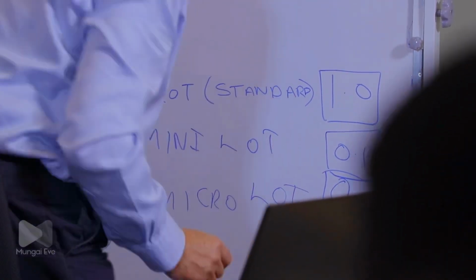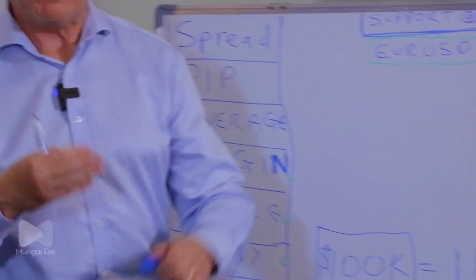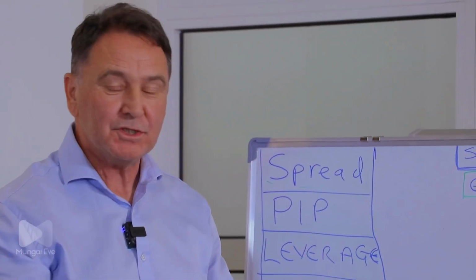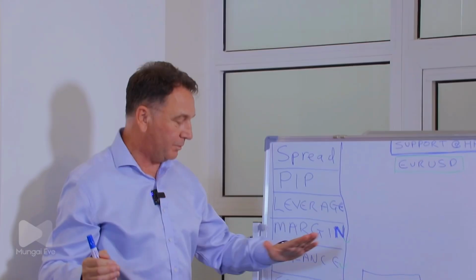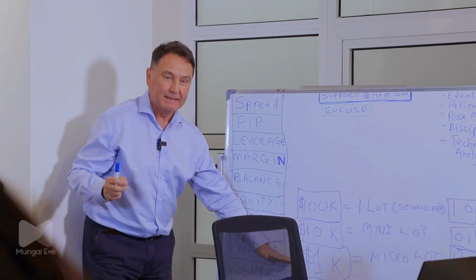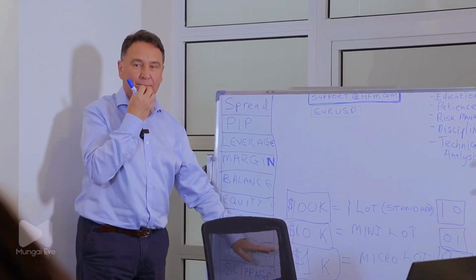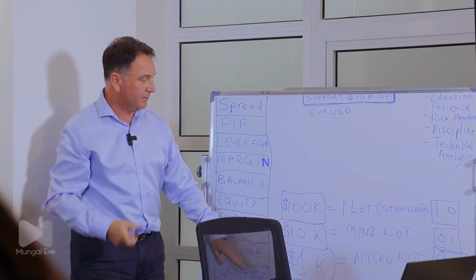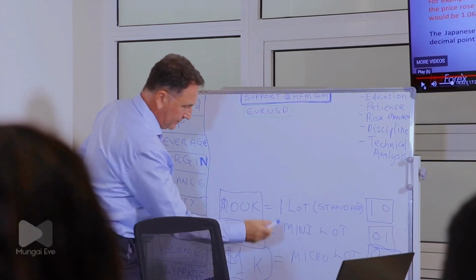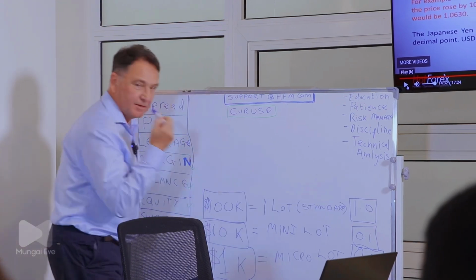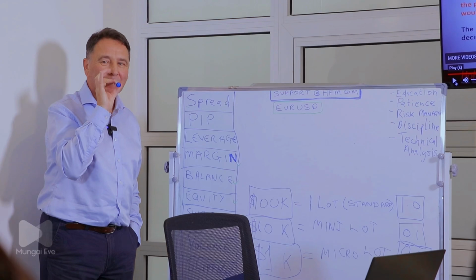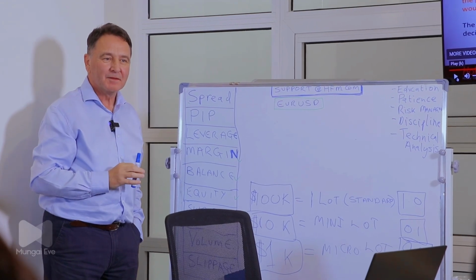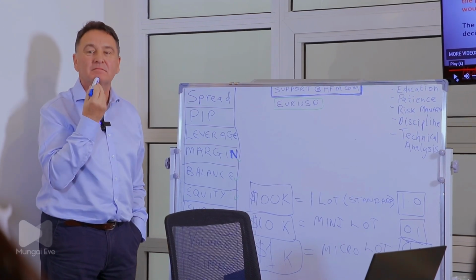So, coming back to my mantra, my rantings about risk: how much more risky is trading with a full lot compared to trading with a micro lot? How much more risk have you got on the table? How much bigger is this thing than this thing in multiple terms? 5 times, 10 times, 20 times?